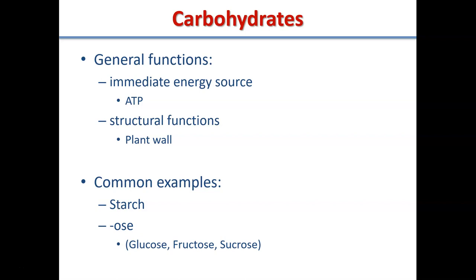And very important here, most carbohydrates, or at least a lot of them, end in ose. So you see glucose, fructose, sucrose, lactose, galactose, all of those things ending in ose is a hint to let you know that it is a carbohydrate.